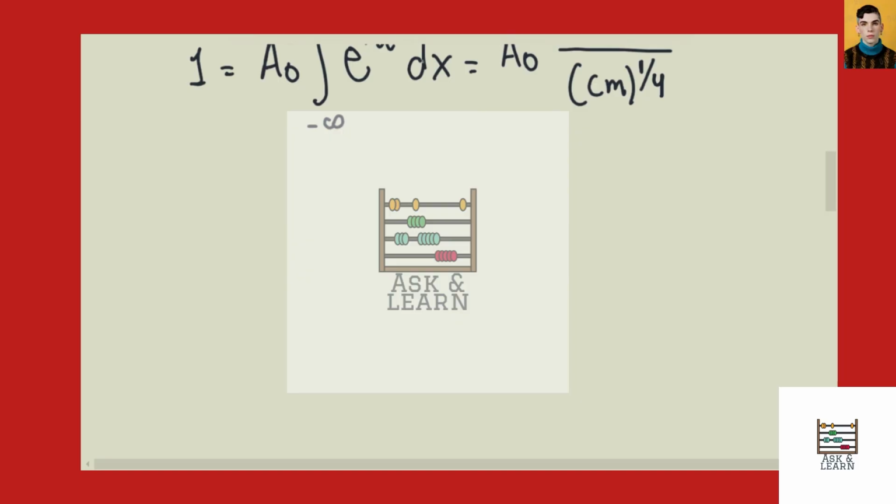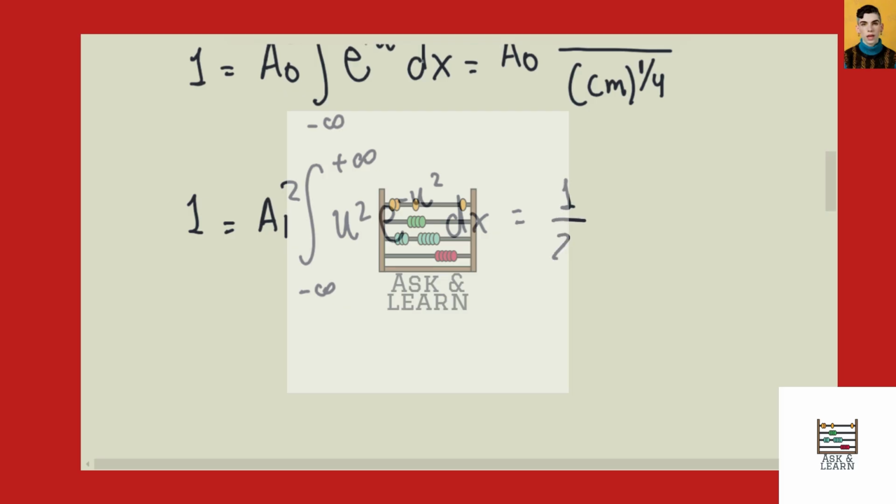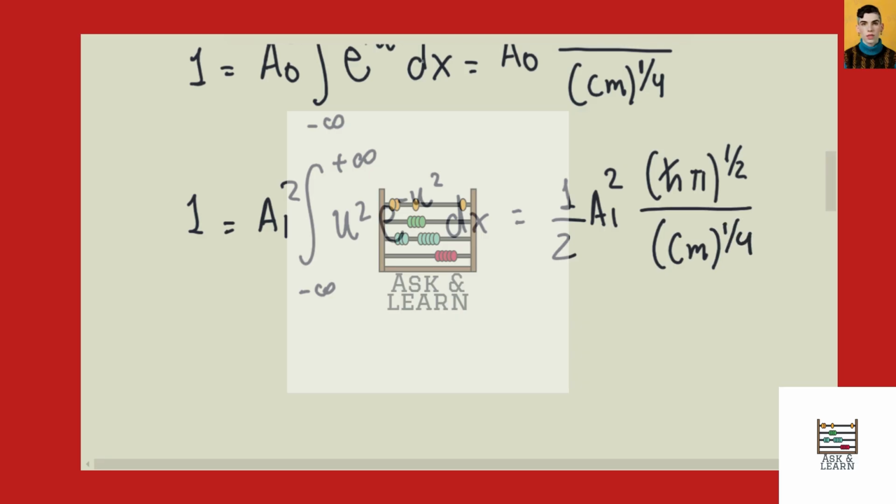And something similar for the other normalization constant, a1. So we will have a1 squared times the integral from minus infinity to positive infinity of u squared times the exponential of minus u squared, integrated over x. That will be 1 divided by 2 times a1 squared times h bar times pi elevated to 1 divided by 2, divided by the restoring force times the mass, elevated to 1 divided by 4.